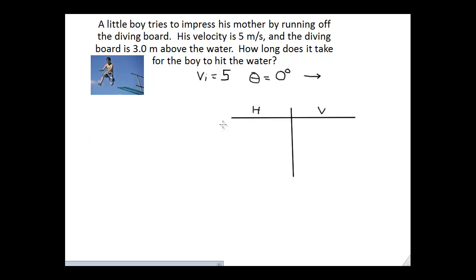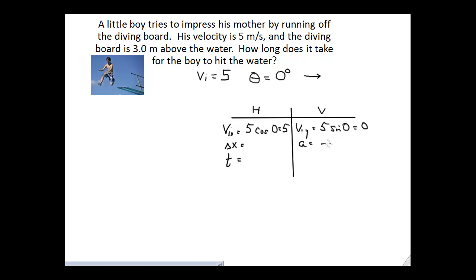Therefore, Vix will be equal to 5 times the cosine of 0. That works out to be 5, and Viy is 5 sine of 0, which ends up being 0. So in a horizontal projectile, all your initial velocity is horizontal and none of it is vertical. If you do enough of these, you'll probably end up skipping this step and just jumping right to, in this case, 5 and 0. There's a change in x, and there's a time.